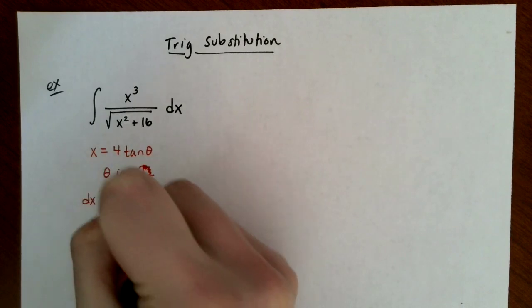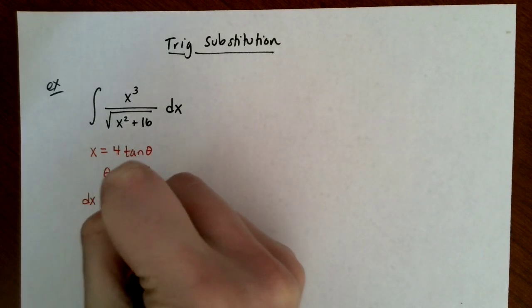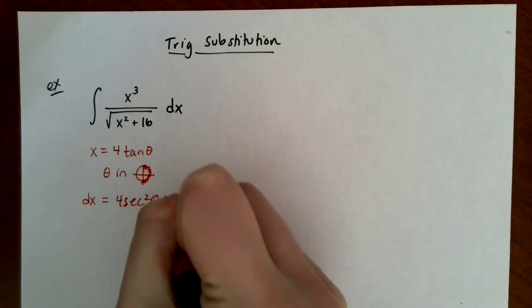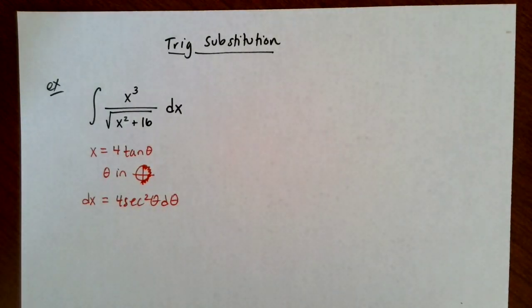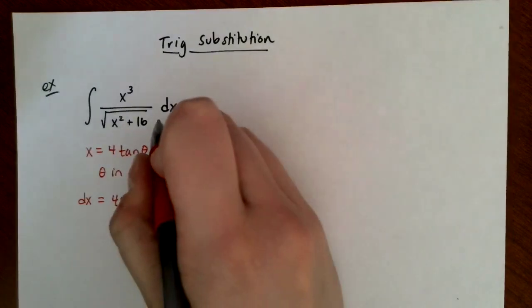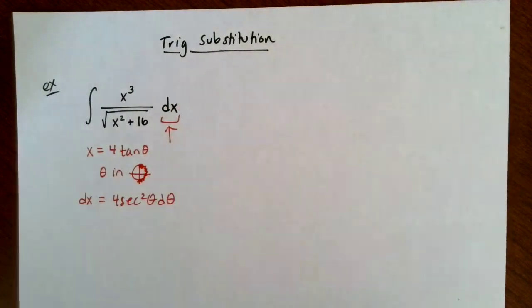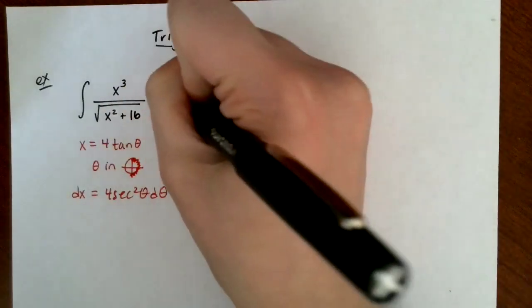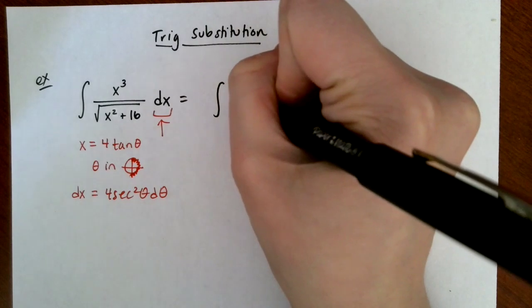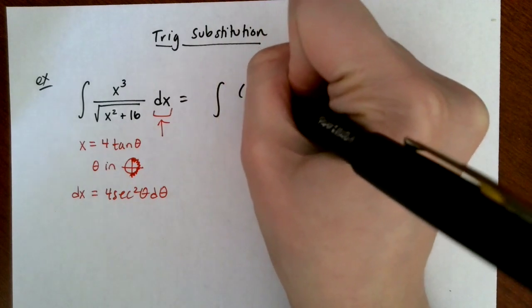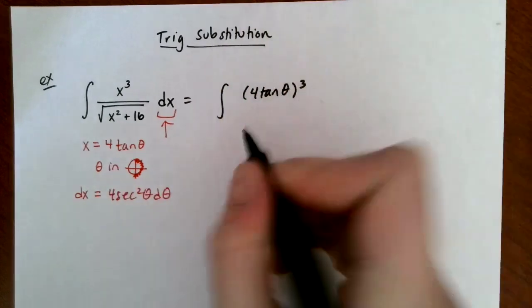That always comes with the tangent substitution. And then I'm going to compute the derivative: the derivative of 4 tan theta is 4 secant squared theta d theta. No need to divide by 4 or anything. I can just plug this straight in for the dx right there. All right, so all together, this becomes 4 tan theta cubed.